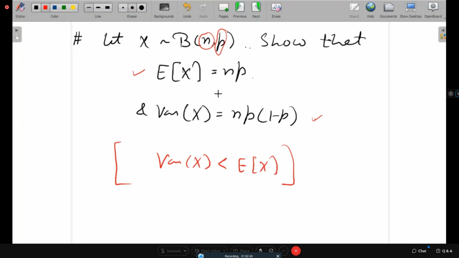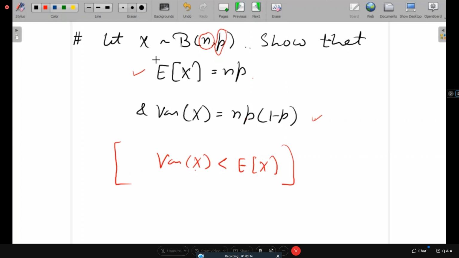But if this is true, what it tells you is that the variance is smaller than the mean for a binomial random variable. It's very straightforward: n times p times (1 minus p) is less than n times p, because 1 minus p is less than 1. So the variance is going to be smaller than the mean.